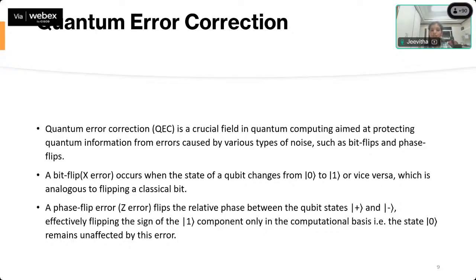And in quantum, we have another error, which is called the phase flip error, the Z error. It flips the relative phase between the qubit states plus and minus. It means that the Z error doesn't have an effect on state 0, but it flips the sign of state 1.